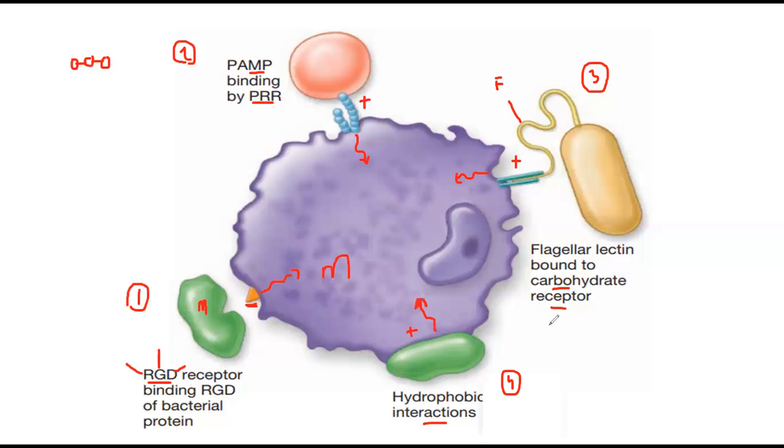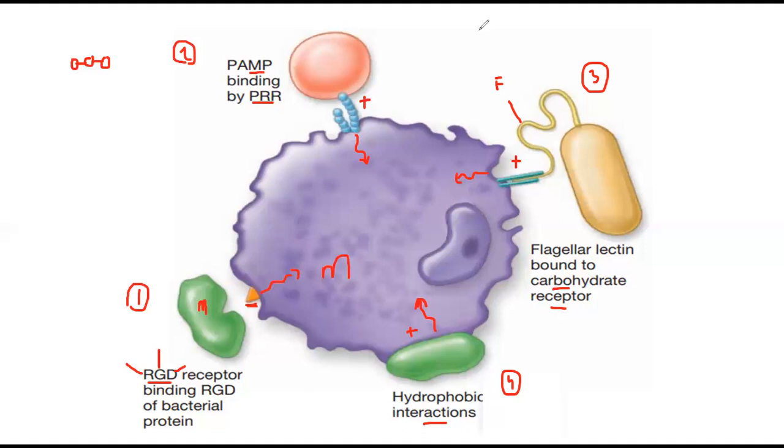So these are the four types of receptors, and these are the four types of interactions by which the immune cells can get microorganisms, engulf them, digest them and kill them.